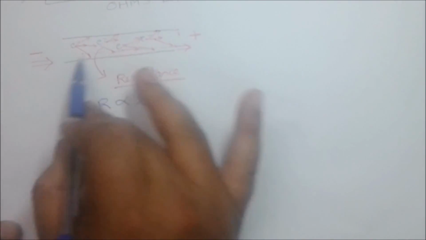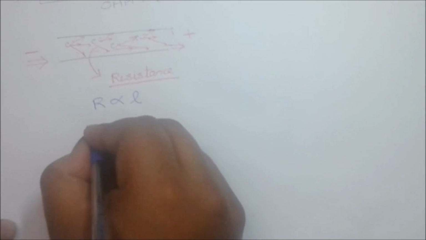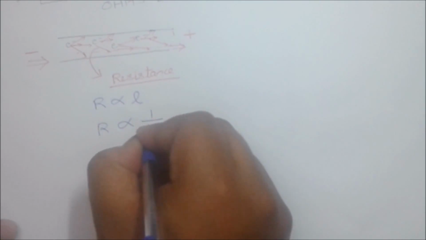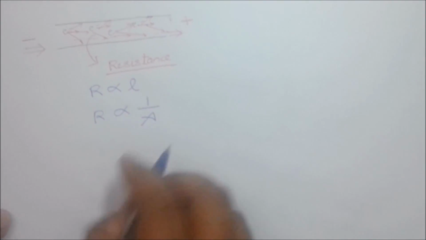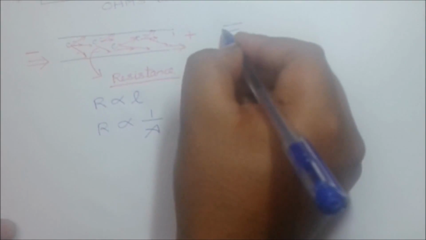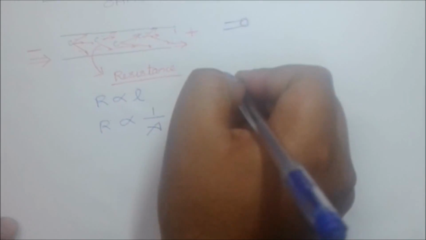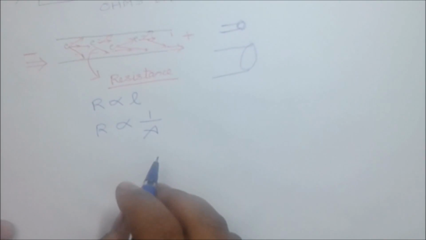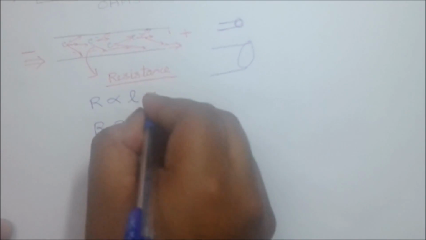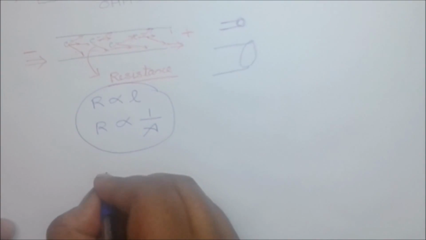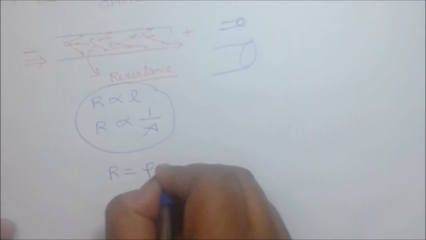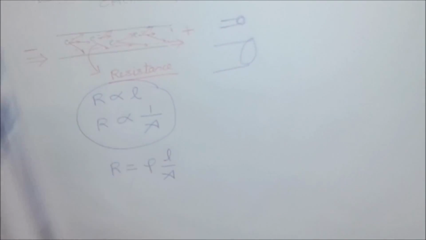That is, the longer the wire, the higher the resistance, and this resistance is inversely proportional to the area of cross section. That is, for a thin wire, resistance will be more, and for a thick wire, resistance will be less. So when we combine these two and apply a constant of proportionality, we get R is equal to rho L by A.